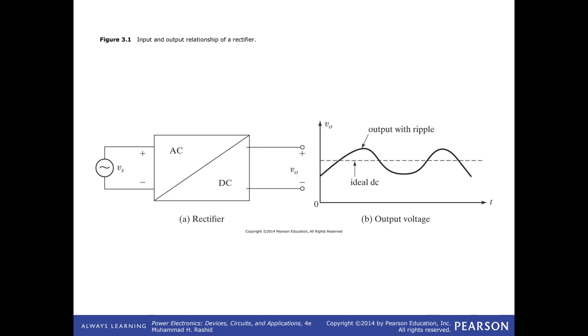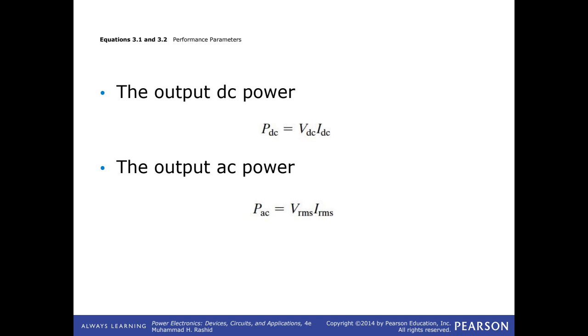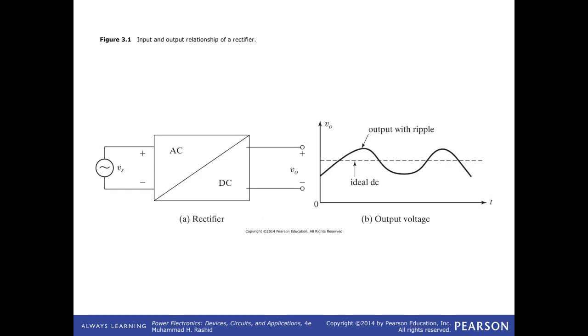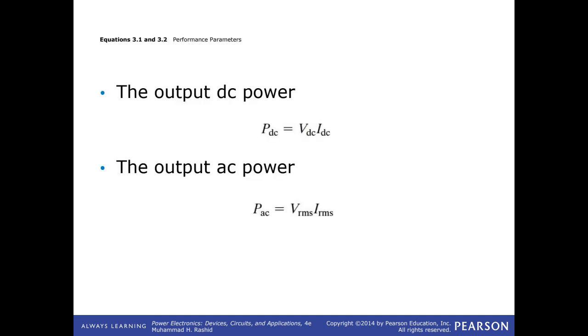Then PAC is VRMS times IRMS. One thing we have learned: as long as the average value is not equal to 0, that is DC. The average value is a DC component here, VDC and IDC.